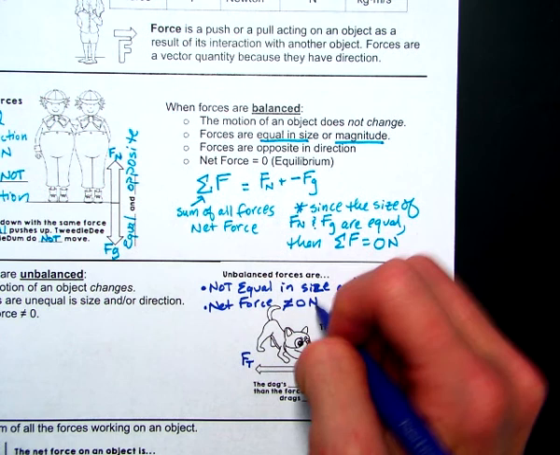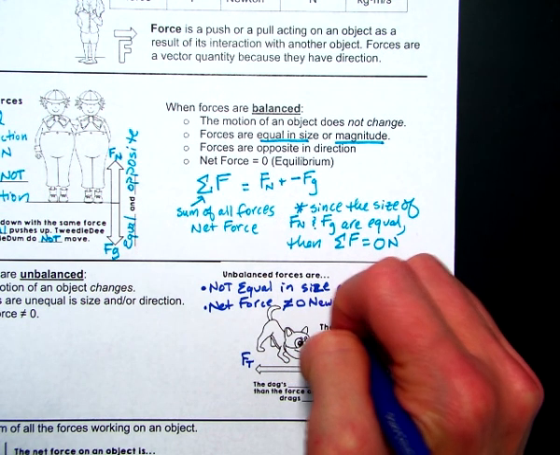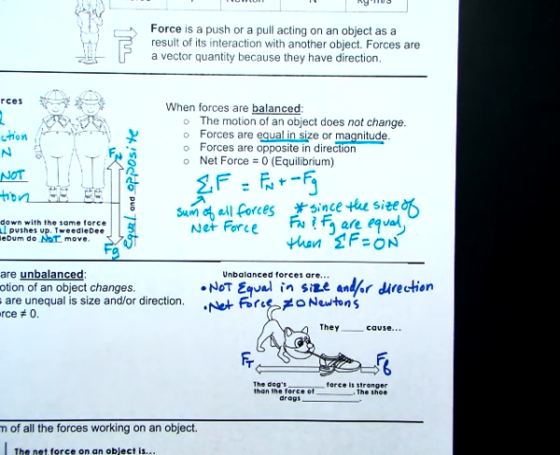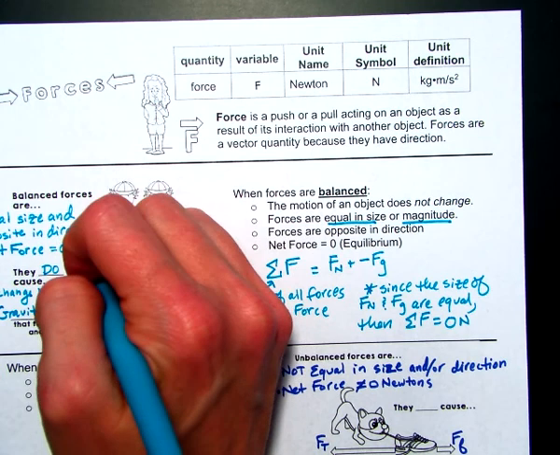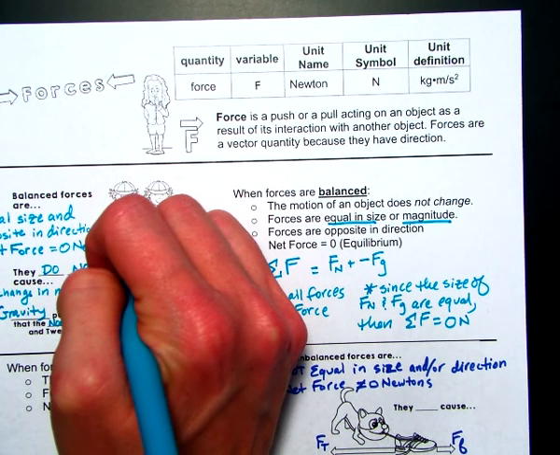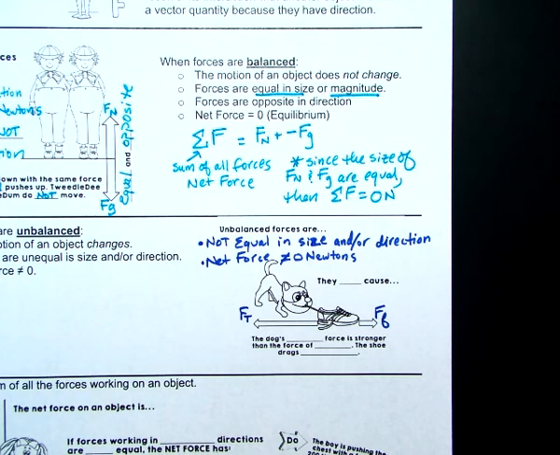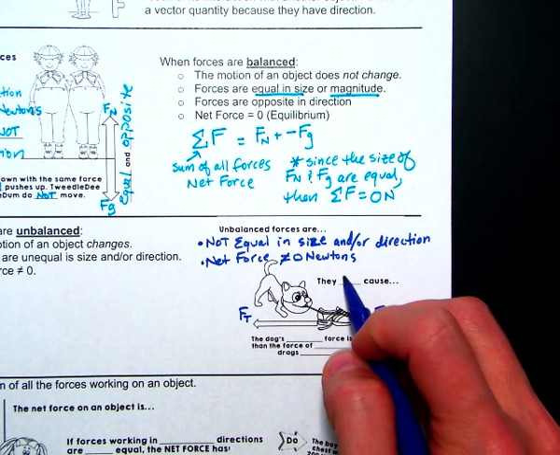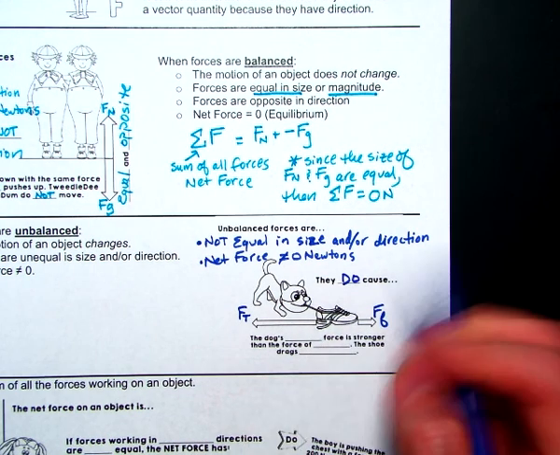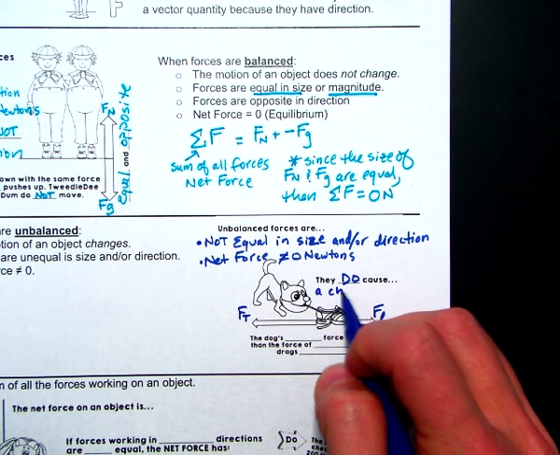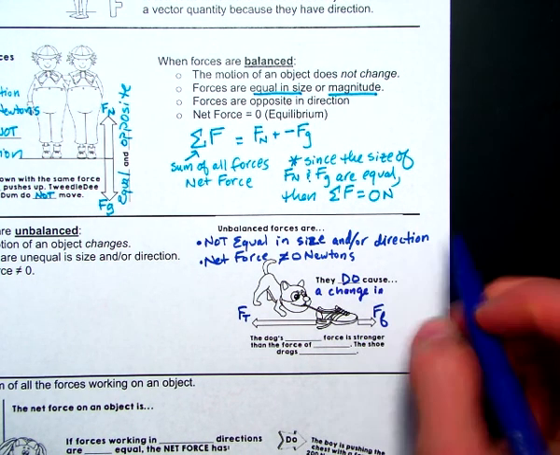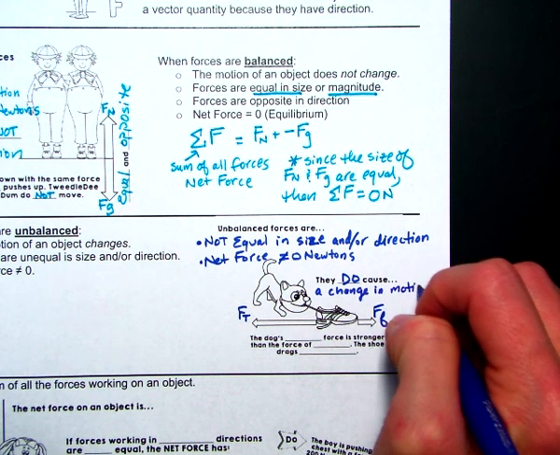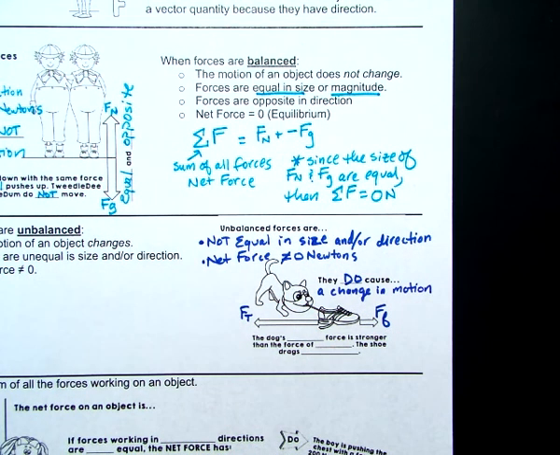And then maybe we should put here, so it doesn't look like on, let's put newtons here and newtons here. Okay. So what will happen is unbalanced forces, they do cause a change in motion.